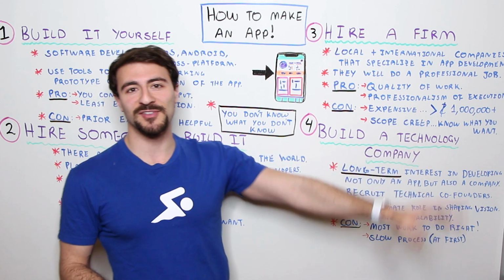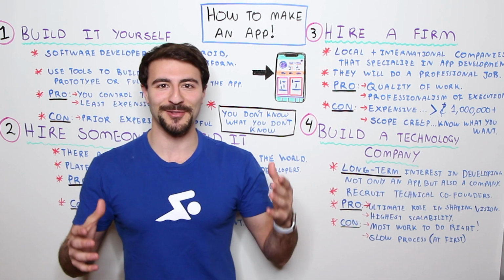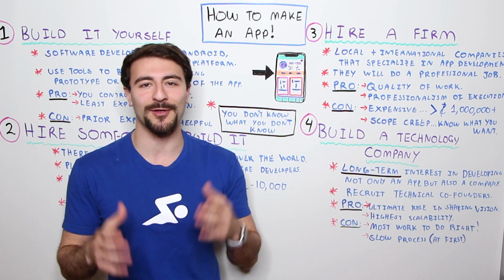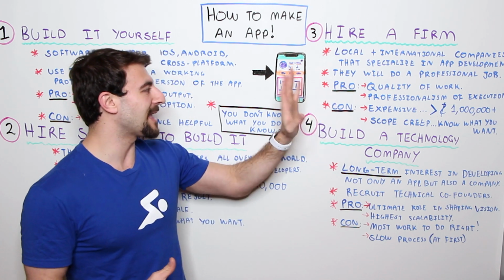So if that's the kind of budget you're looking for, and maybe you found this video and you're looking at building an app for your company or your enterprise, then this might be the option for you.